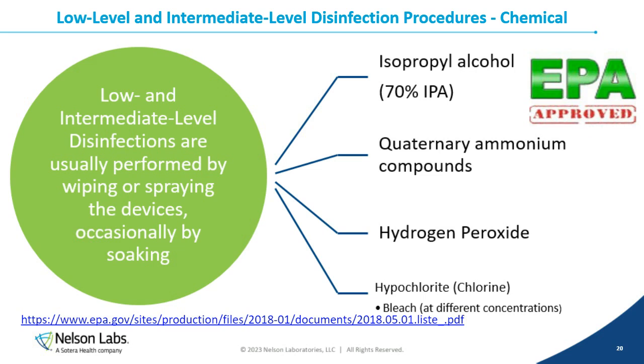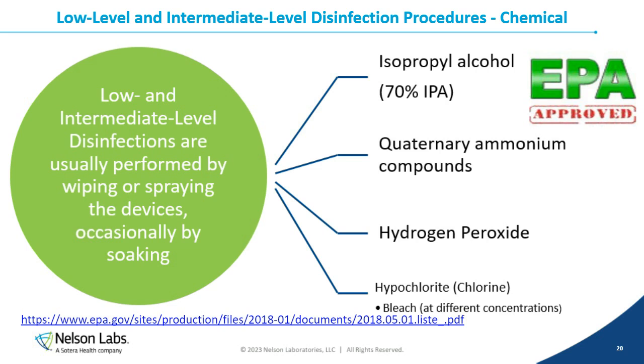And if you're marketing in the US, you want to make sure that these chemicals are EPA registered. These chemicals are isopropyl alcohol, quaternary ammonium compounds, hydrogen peroxide, sodium hypochlorite, bleach. Those are some pretty common active ingredients for low and intermediate level disinfectants.